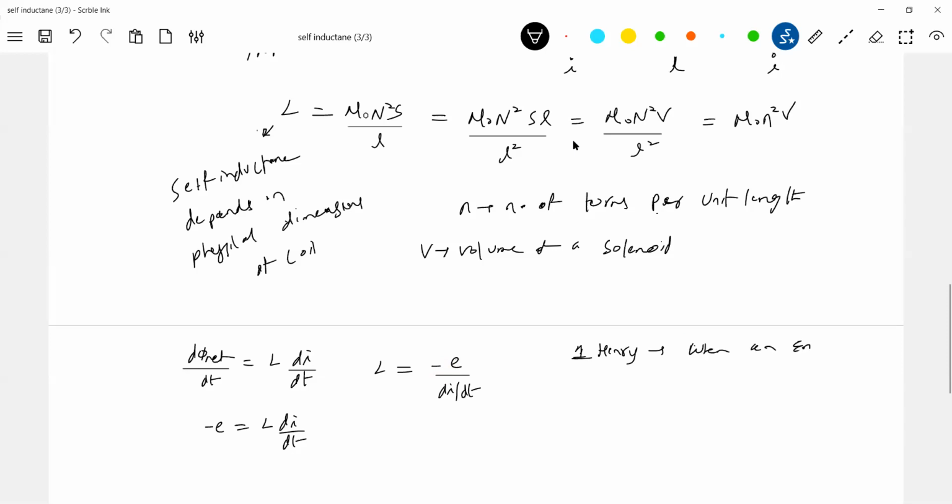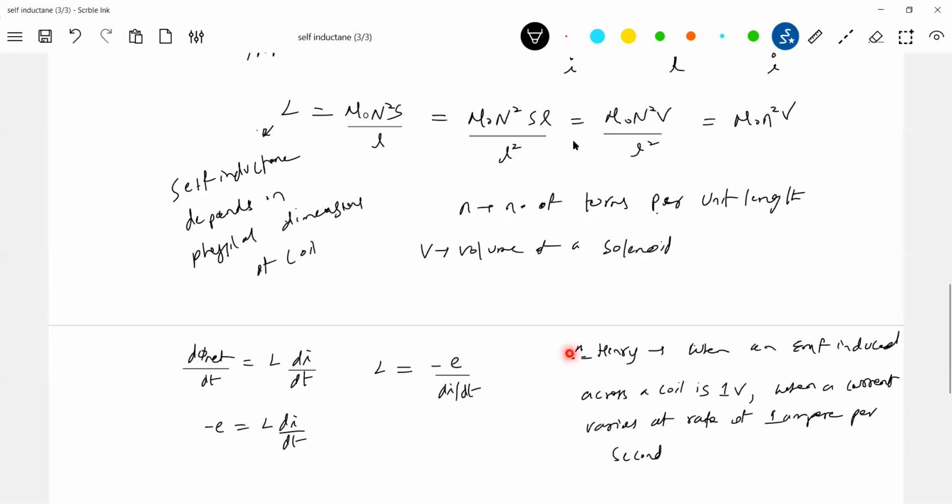When an EMF induced across a coil is 1 volt, when the current varies at a rate of 1 ampere per second.